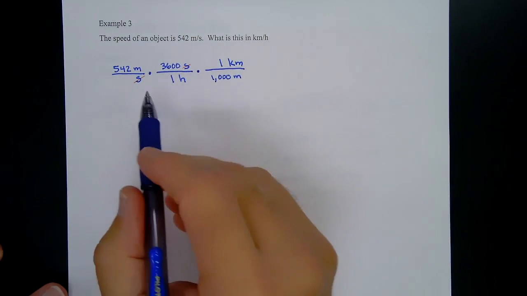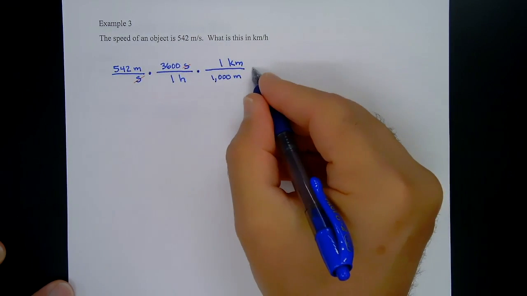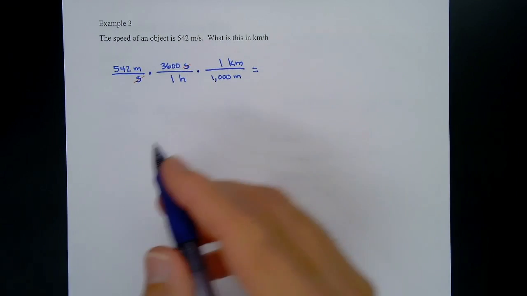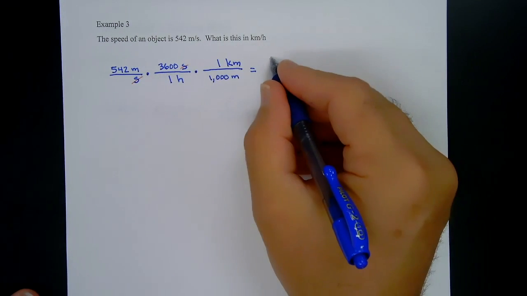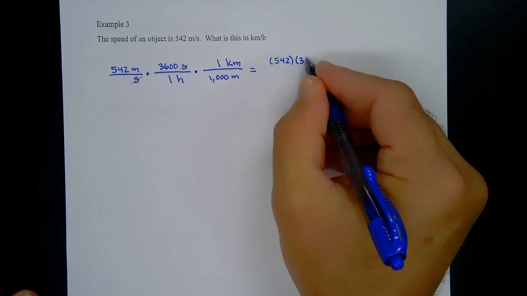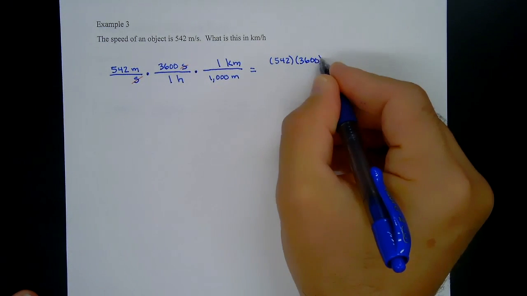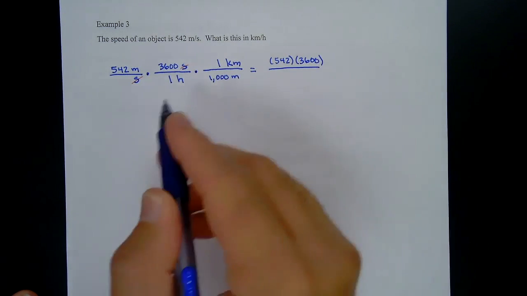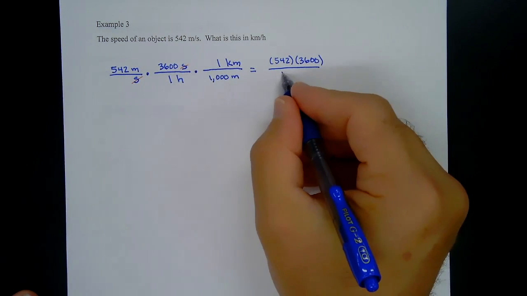All right, and so if I multiply this, I'd have 542 times 3,600 over, and this would be just 1 times 1,000, so that would just be 1,000.